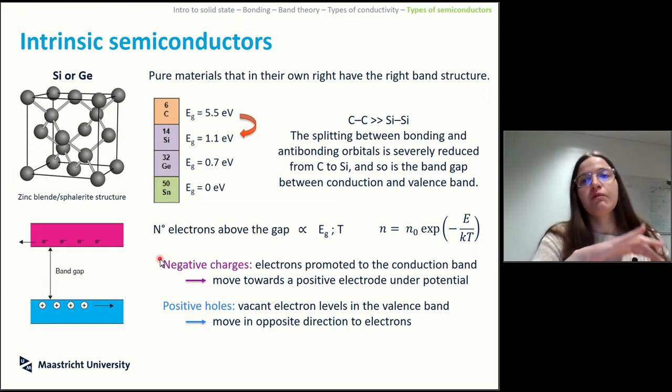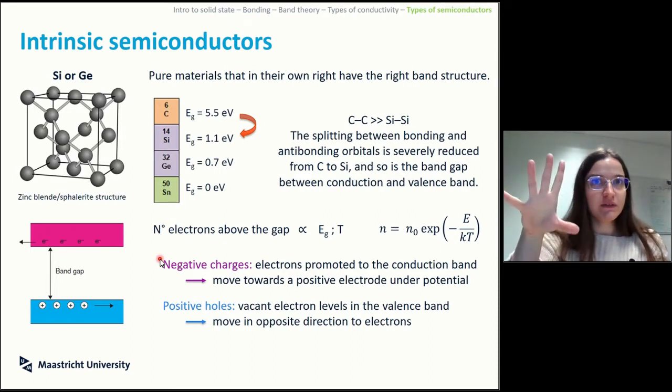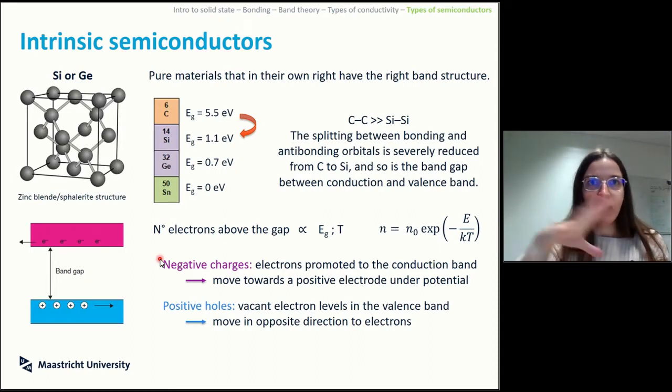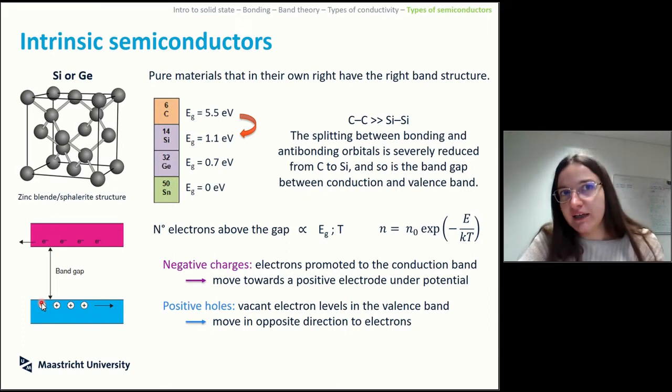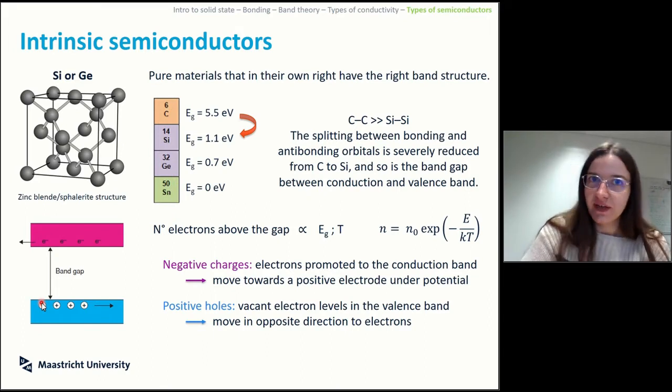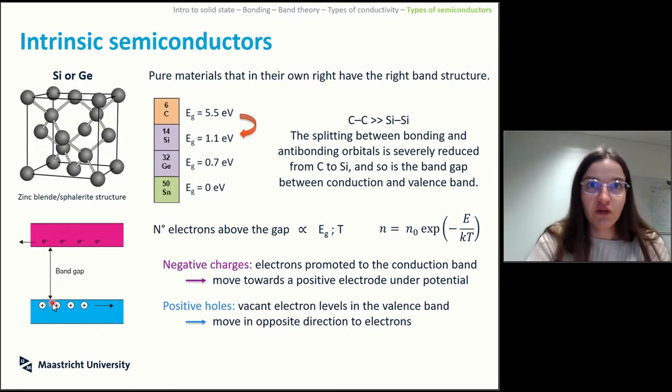So in the way we treat band gap and band conduction, you have the negative charges, which are electrons in the conduction band, and the positive hole, the thing that you leave behind by not having an electron in the energy state. So a positive hole is conceptually the absence of an electron. Why is it absent? Because it went up, right?